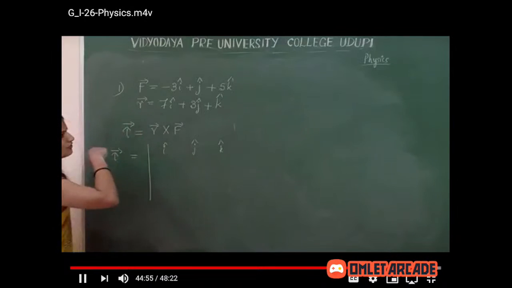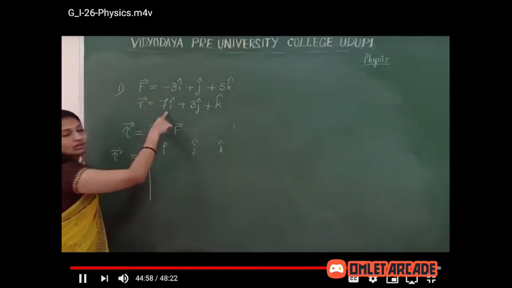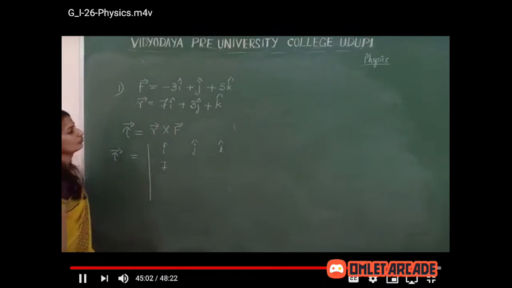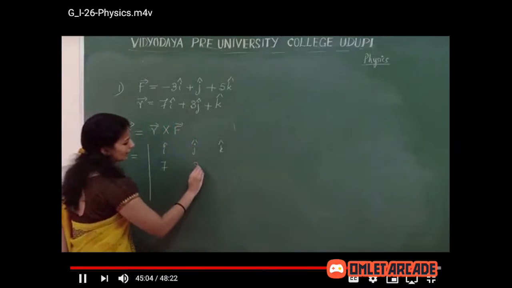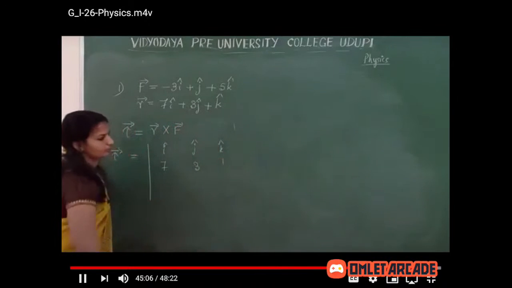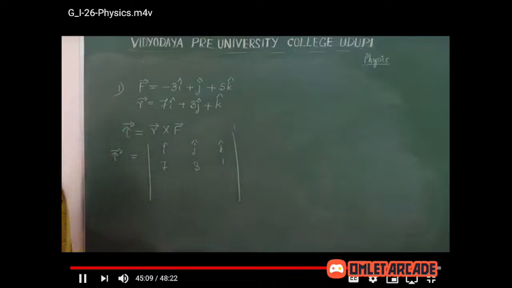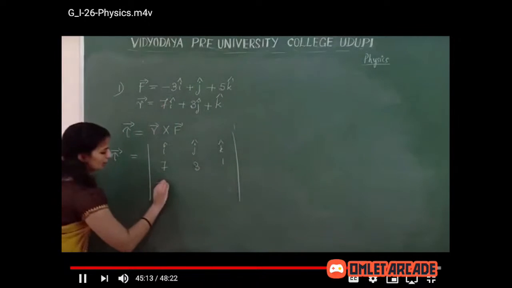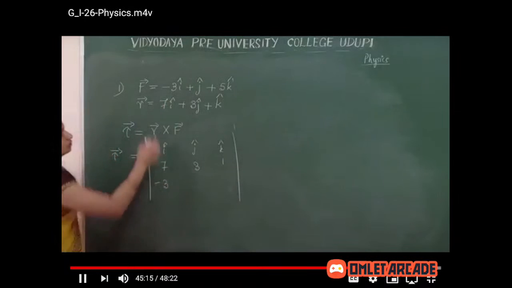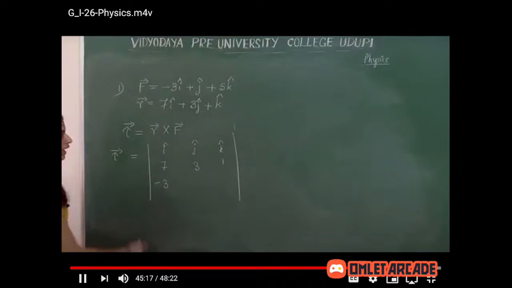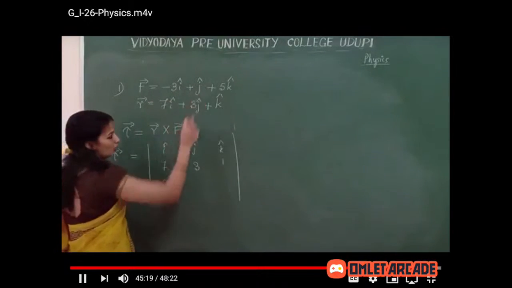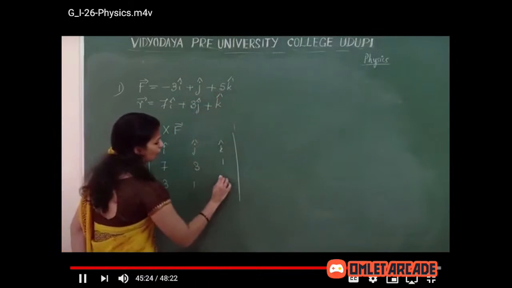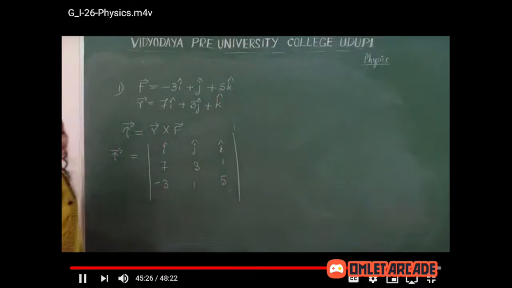The coefficient of i in r is 7, then 3, then 1. Then F: the coefficient of i cap is -3, the coefficient of j is 1 and the coefficient of k is 5.